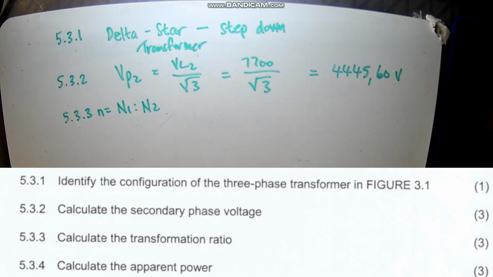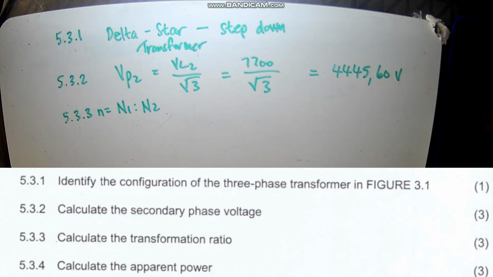Right, the next question says, calculate the transformation ratio. So the transformation ratio is noted as N1 is to N2, always. Right, so we can either use the windings, N1 versus N2, or the voltages. In the question, there's no N's given, so obviously we're going to have to use the voltages, and it will always be the phase voltages when using the fraction formula.